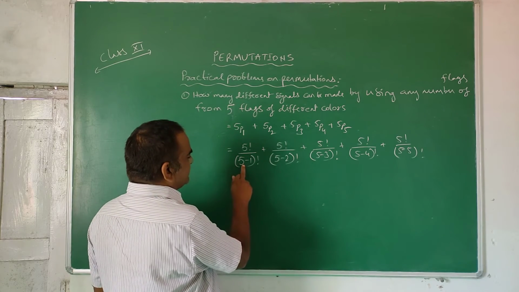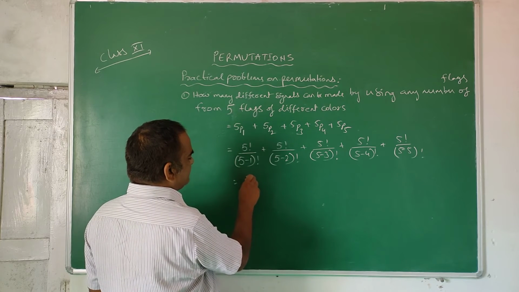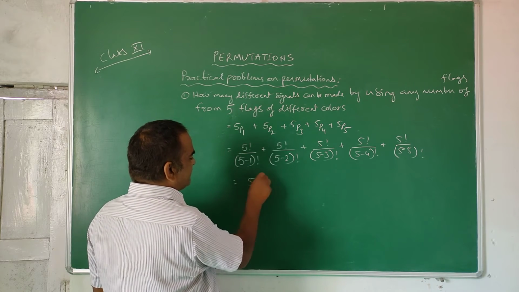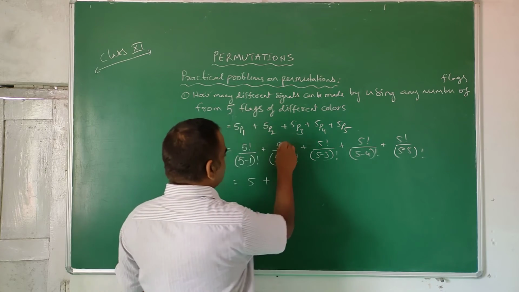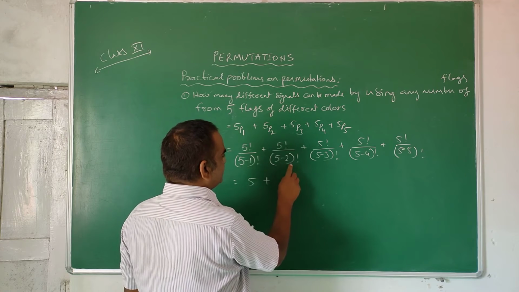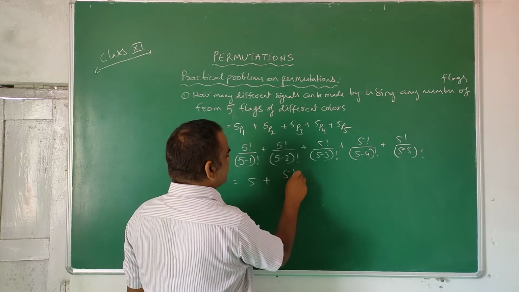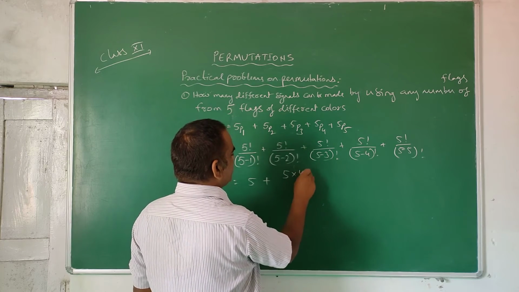This is nothing but 5 factorial by 4 factorial, which means 5 into 4 factorial by 4 factorial. So it is 5. And 5 factorial by 3 factorial means 5 into 4 into 3 factorial. Are you following?